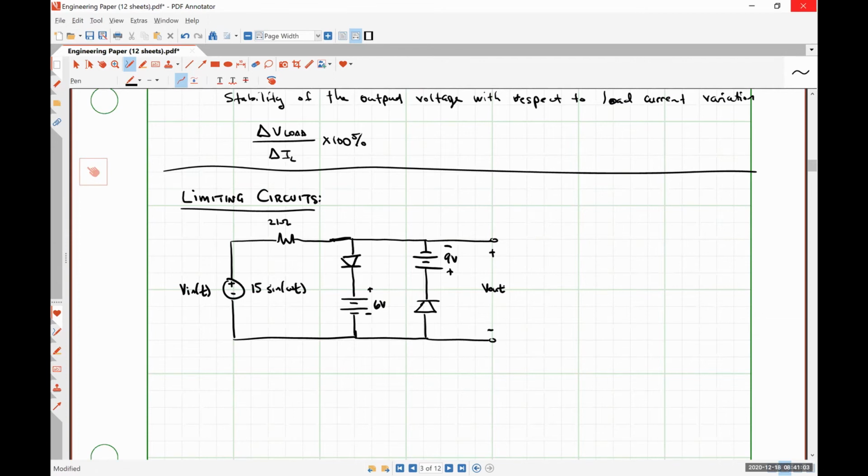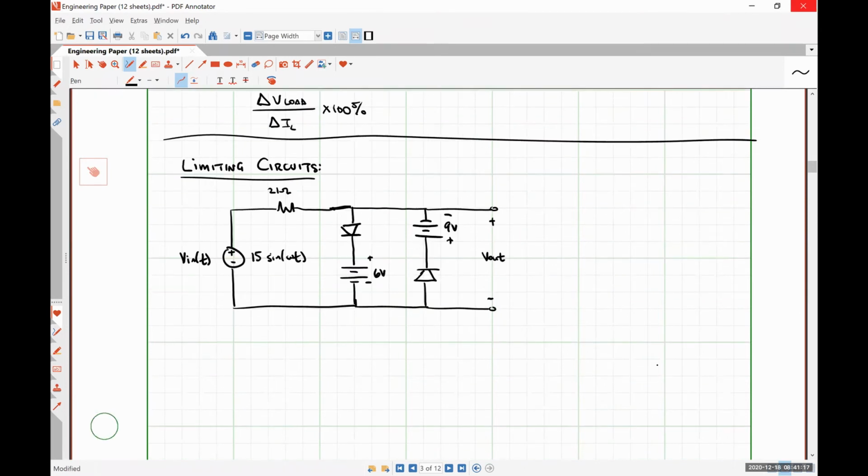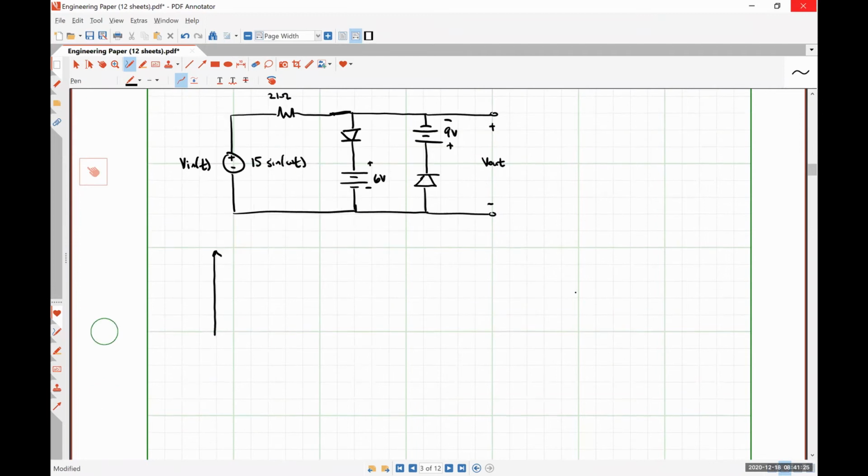All right, so this is an example of a limiting circuit. Let's assume that we are using the ideal diode model here. Here's voltage, here's time.